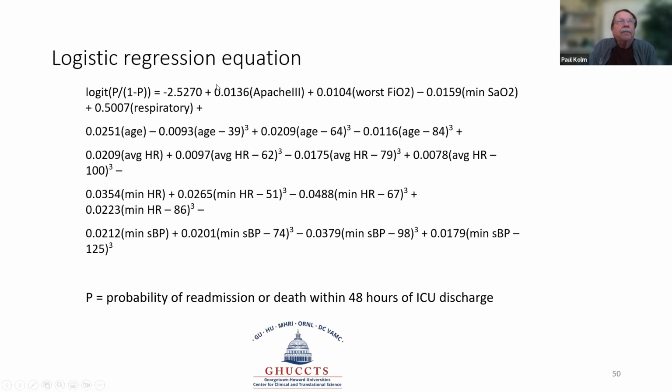So we have our regression coefficients here for the Apache score, for worst FiO2, for the minimum oxygen saturation, the respiratory rate, and then we have our splines for age. And so this would be how we would calculate what the probability is for any given patient, depending on their values for each of these variables.